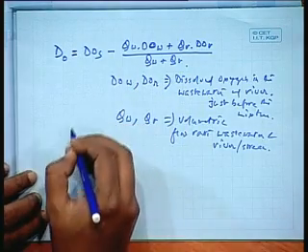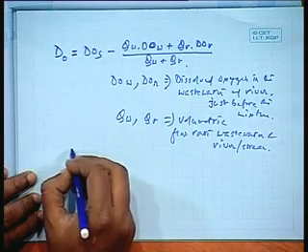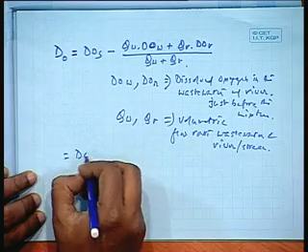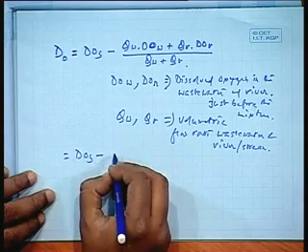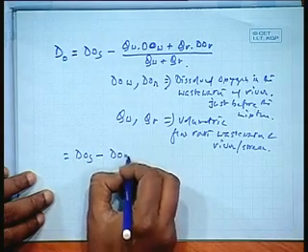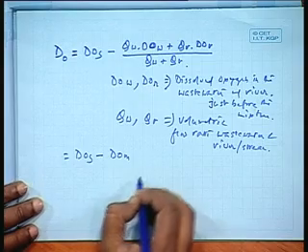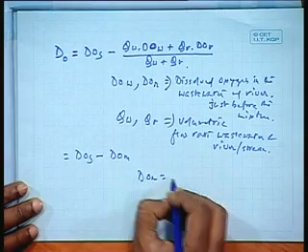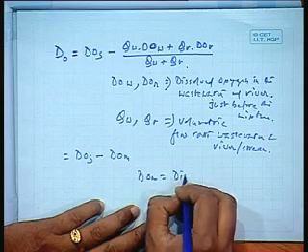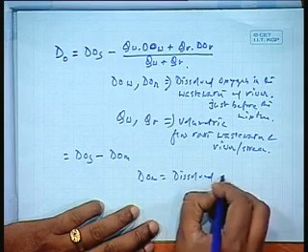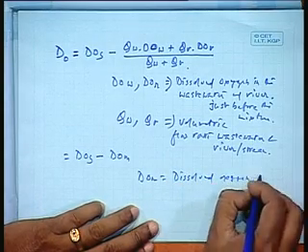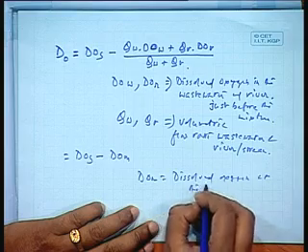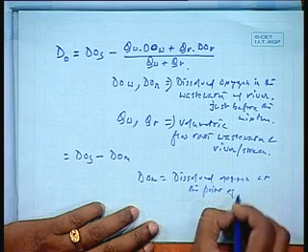Now here, DOS is equal to DOM, where DOM is the dissolved oxygen at the point of mixing.